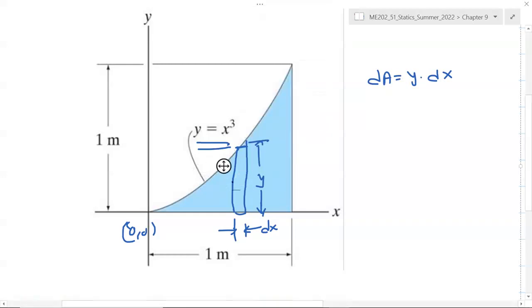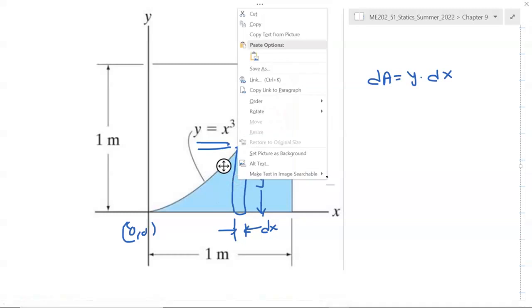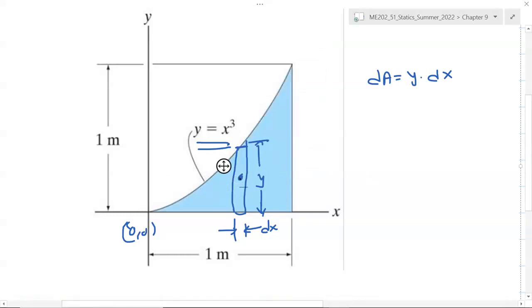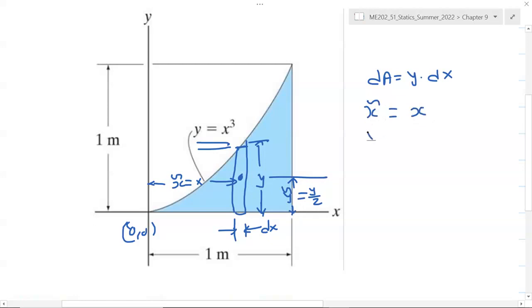So this is the centroid of this small rectangular plate, which is located at x tilde is equal to x, and the y centroid is located as y tilde is equal to y by 2, which is the height divided by 2. So x tilde is x and y tilde is y by 2.